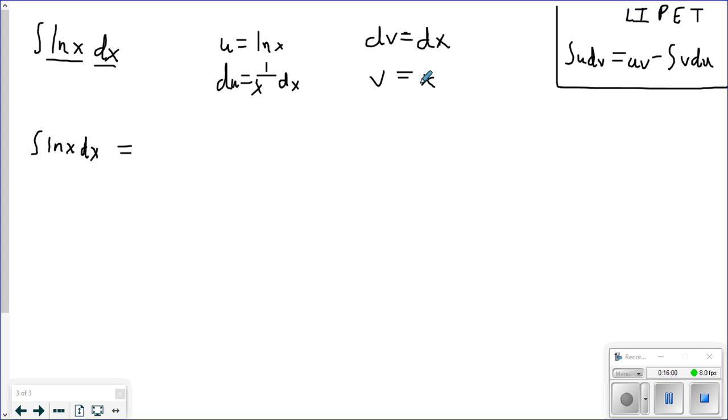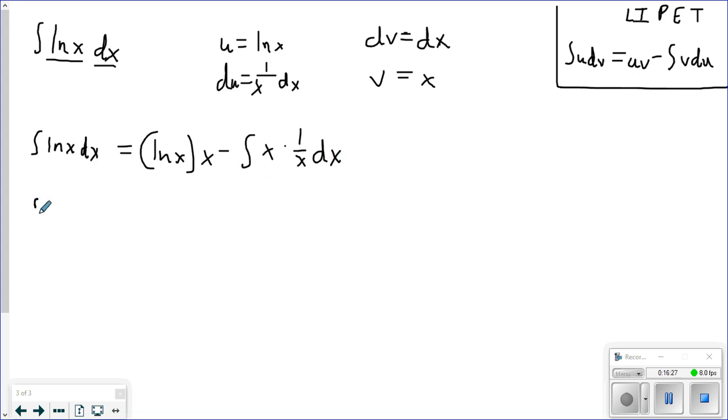So we have u times v. So we have natural log of x times x. We want the parentheses there to make sure that we know that's not both x's in the argument for the natural log, minus the integral of v du. So x times 1 over x dx.